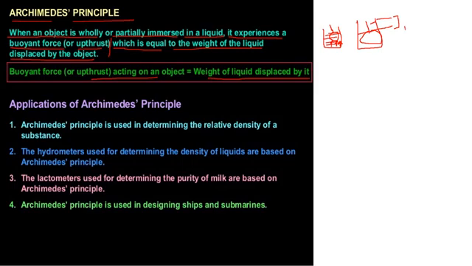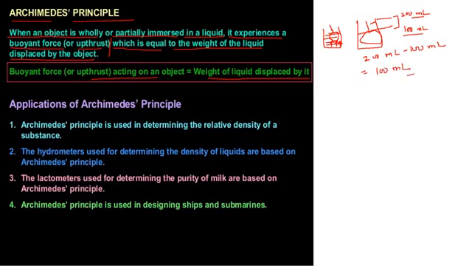Suppose the level of water was 100 ml initially, and later on it has increased to 200 ml. What is the difference in the two levels of water? It is 200 ml minus 100 ml, so the increase in the level of water is almost 100 ml.